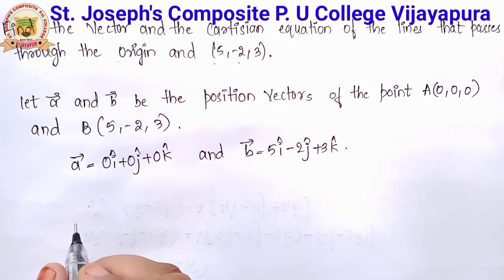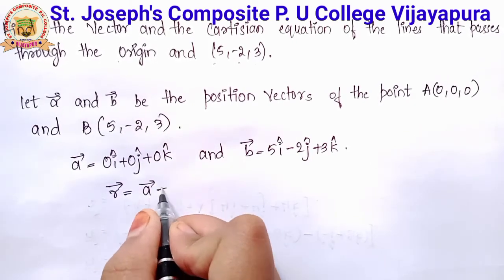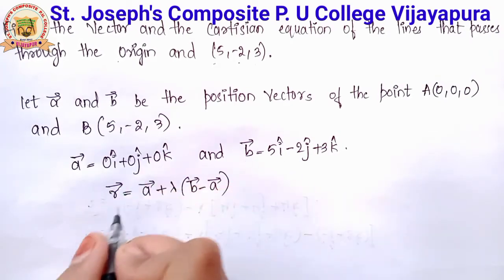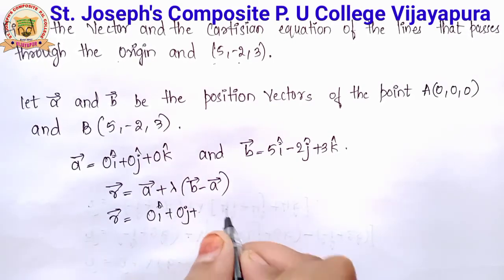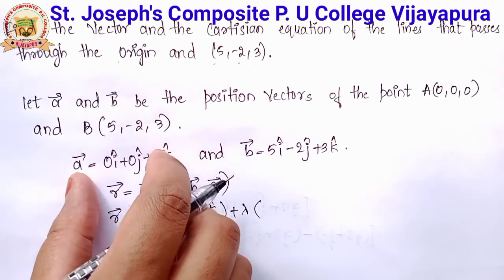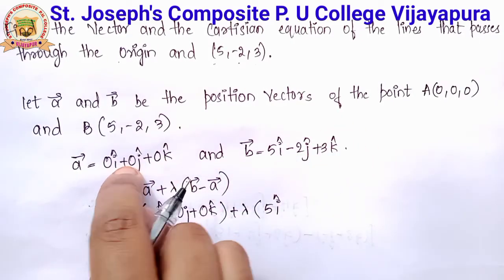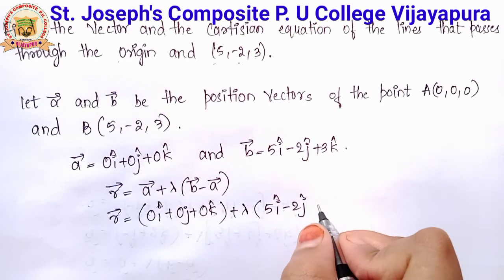So let r be the position vector of any point on the line. Then the vector equation of the line is given by the formula r vector is equal to A vector plus lambda times (B vector minus A vector). Substituting, vector A is 0i plus 0j plus 0k, plus lambda times (5 minus 0, again 5i; minus 2 minus 0, again minus 2j; 3k minus 0k, again 3k).